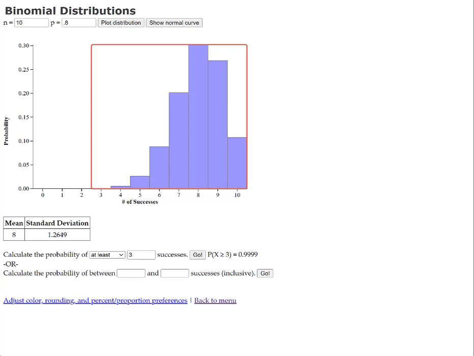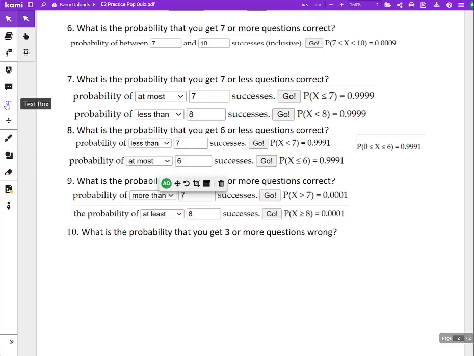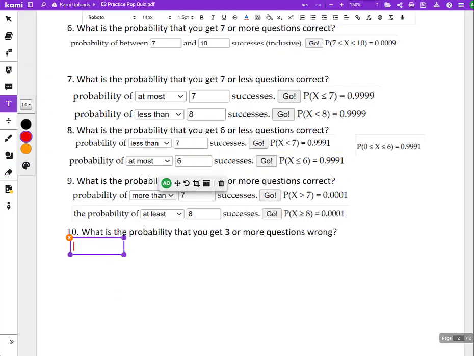All right. The other way you can look at it is if you get 3 or more wrong, that means how many could you get wrong? You could get 3 wrong, 4, 5, 6, 7, 8, 9, and 10 wrong. Those are all possible, which means how many right?